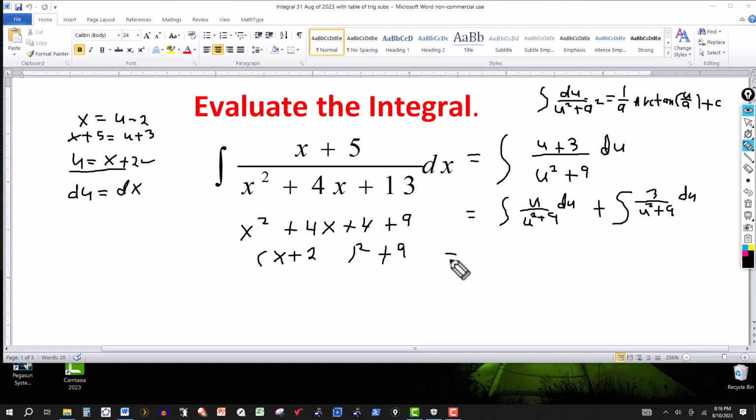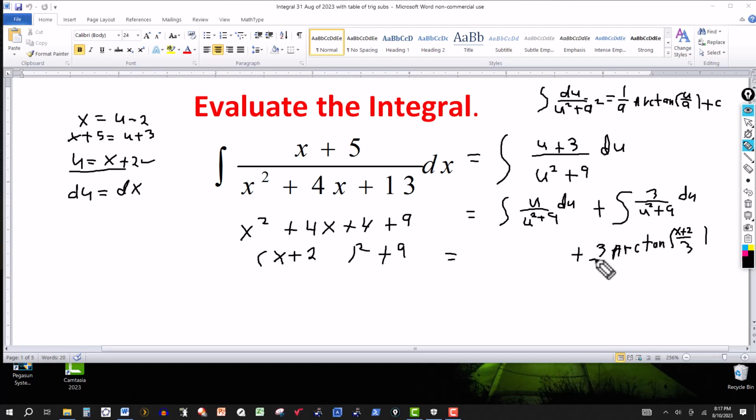So let's do it this way then. I'm going to do the second one first. So this is going to be a plus here. Factor out the 3, so this will be a 3 out here. And then it's arctangent of u over a. And again, from over here, u is x plus 2. So this is x plus 2 over a. A is 3, because we've got 9, which is 3 squared.